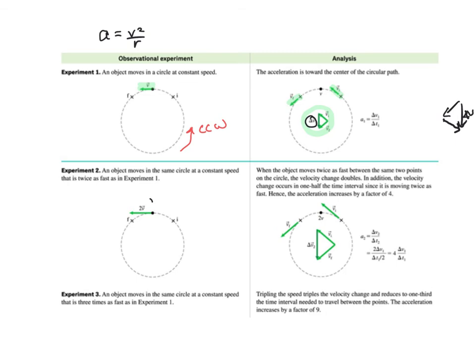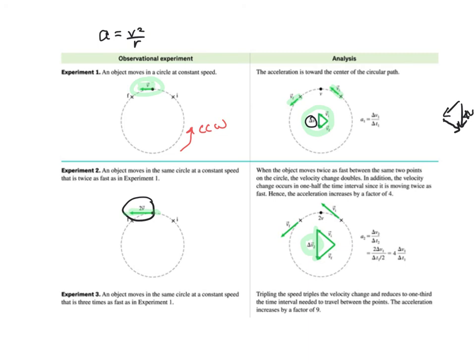Now when they double the speed in experiment 2, they keep the mass the same, they keep the radius the same, they just double the speed of the object spinning in a circle. So instead of vector v up here that we already saw, this is 2v, it's twice as long. So my delta v vector right here is twice as long as my delta v vector was up above.